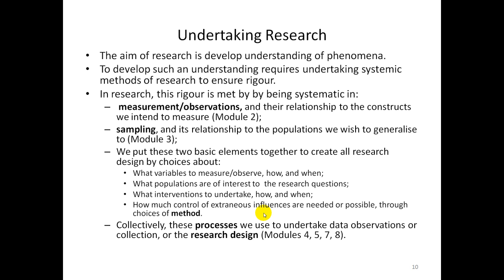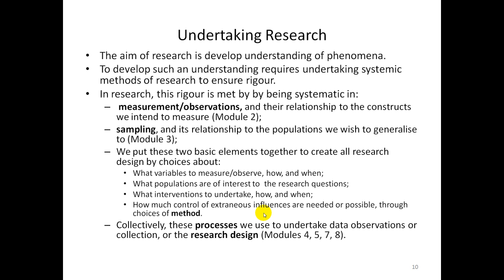This includes choices about what variables to measure or observe, how we measure and observe them, and importantly, when we measure or observe them. And by that I mean, do we do it once or twice or 3 times? We make choices about what populations are of interest to our research questions.